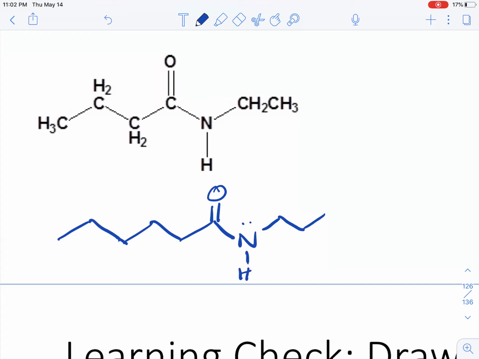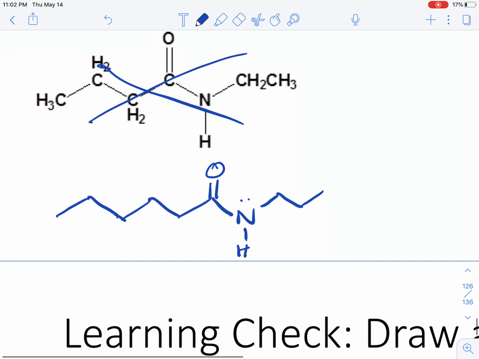Okay. So we're not going to name this. If you want to name it, the answer is in the notes portion of my PowerPoint. But I want to do something a little bit more exciting. And so I want to do a double bond here. Let's go ahead and do this guy, and then let's go ahead and do this.